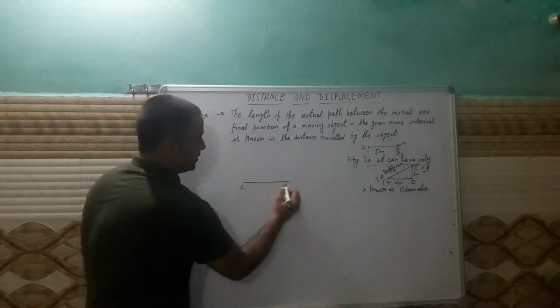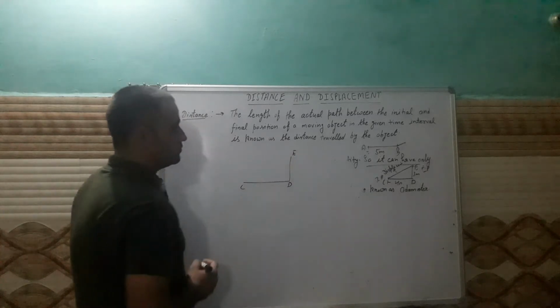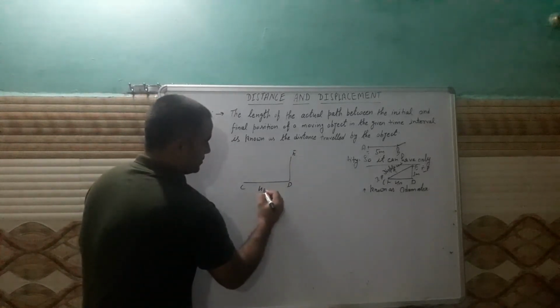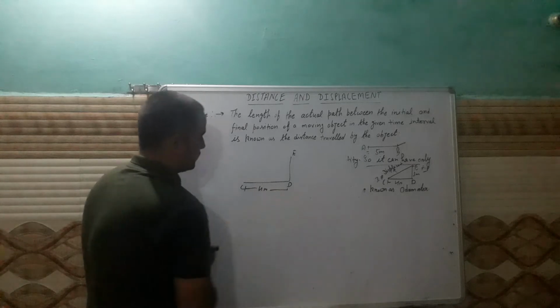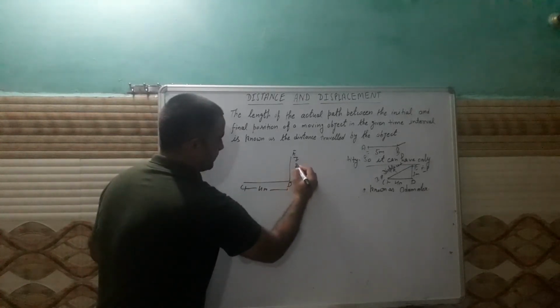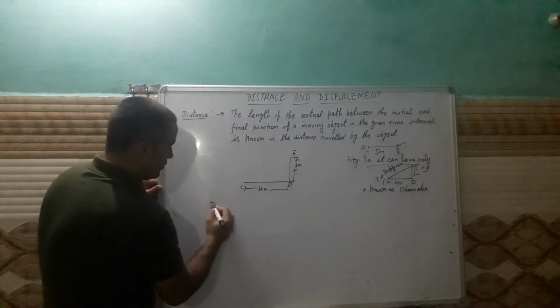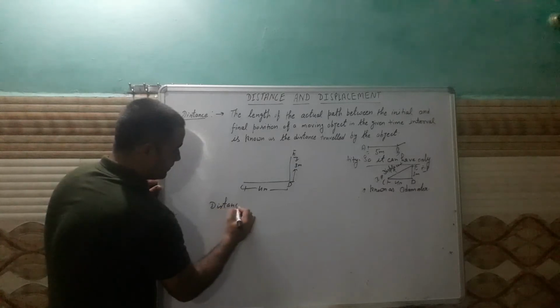In the previous example we discussed, the person is moving from point C to D, and after that the person moves to point E. The distance from C to D is 4 meter and from D to E it is 3 meter.